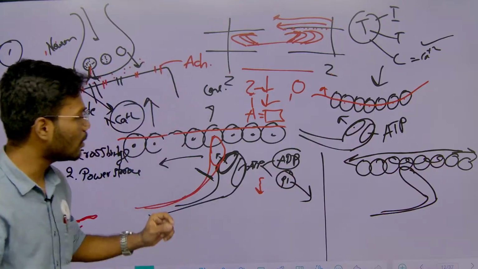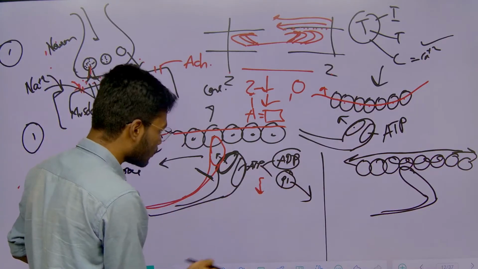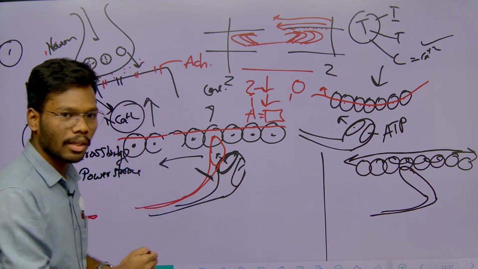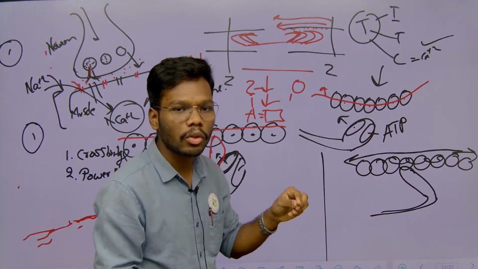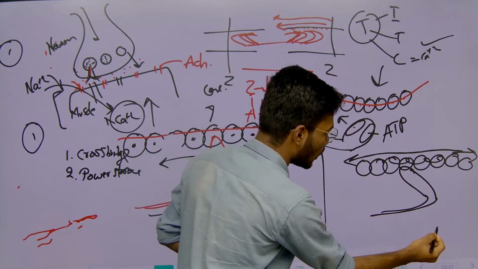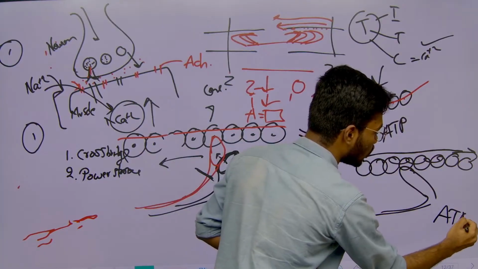So that is called power stroke. Now what happens? The ADP and Pi were released, there is no ATP here, it is in power stroke mode. Now a new ATP molecule will come.